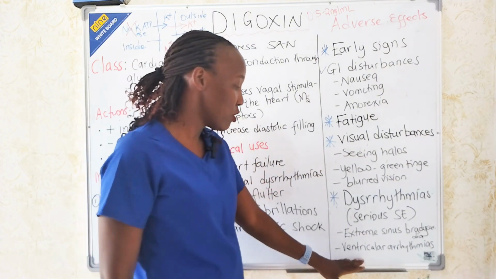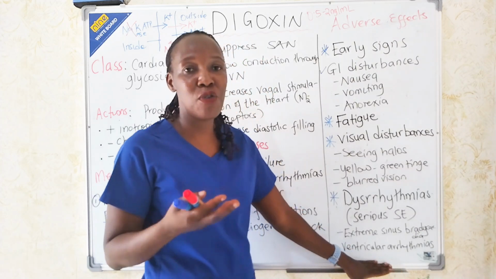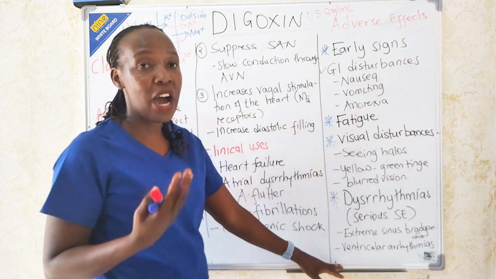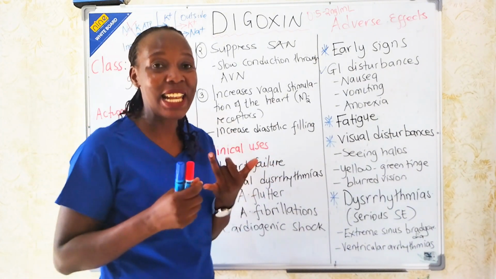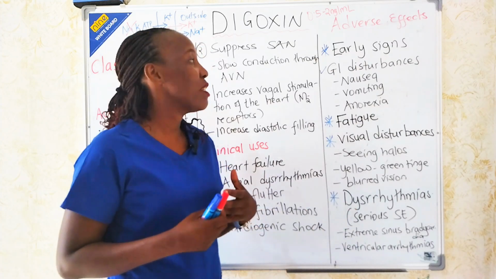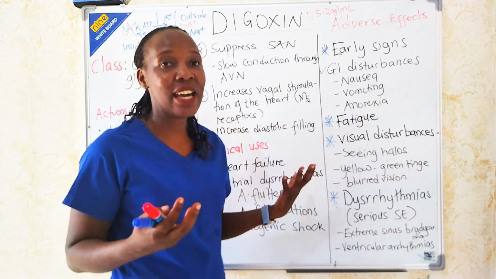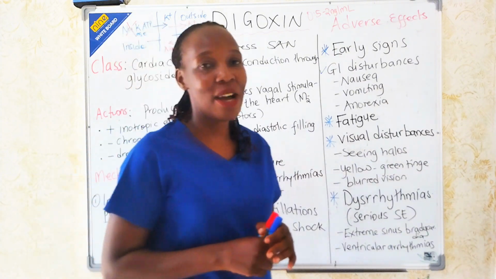So we could also end up with ventricular arrhythmias, especially the tachycardic form of ventricular arrhythmias. Please remember, you might be asked what a late adverse effect is, which would be really dysrhythmias, and then what the early signs are. The early signs are mainly the GI disturbances.